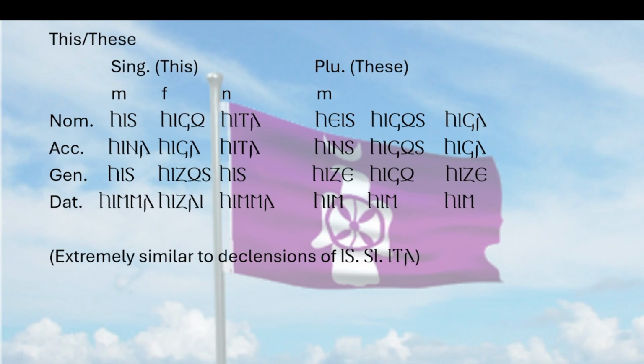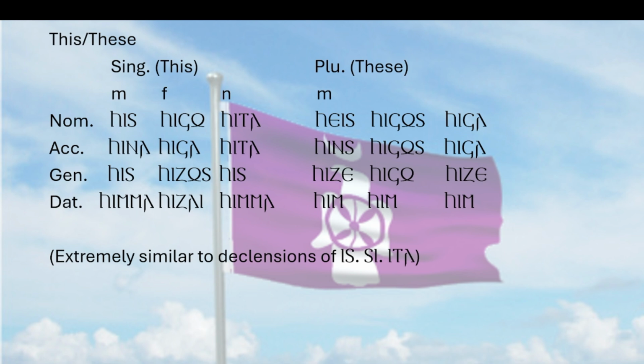The next thing we're going to learn is how to say this or these in the Gothic language. Now, this is the table to show the declension of this word. So this word is his. His literally means this. His is the masculine nominative singular.